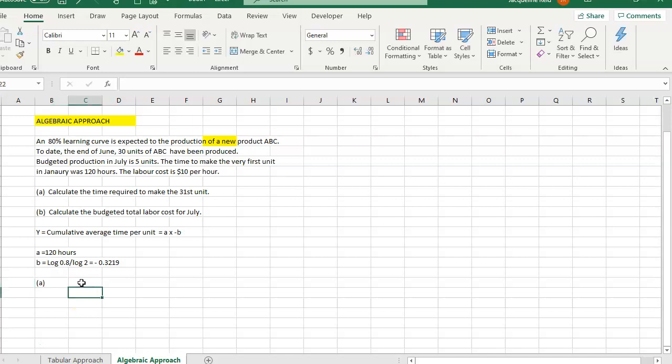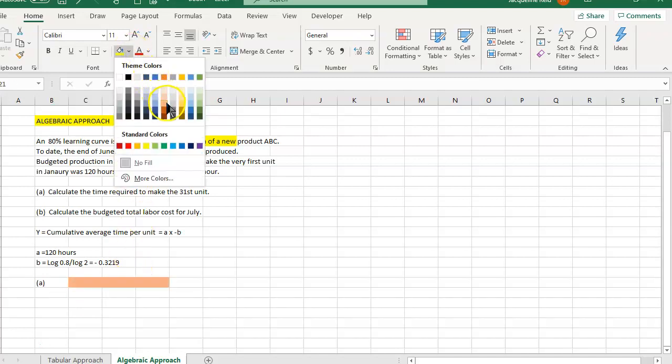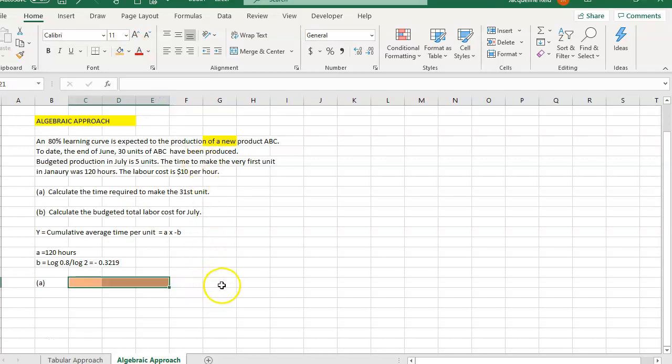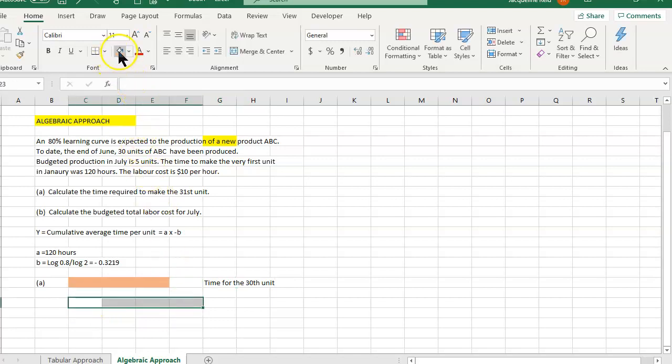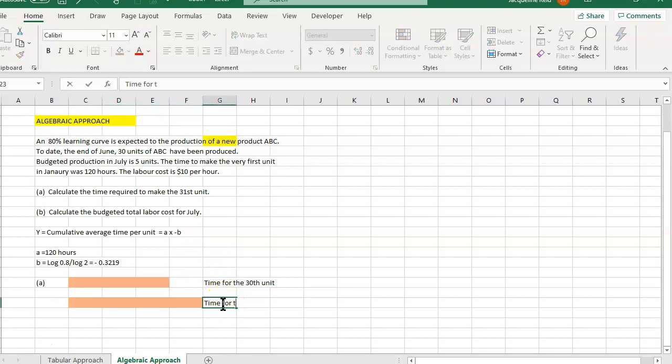Now, if you're going to do that, you have to first calculate the time for the 30th unit. Then you calculate the time for the 31st unit. You'll soon see what I'm doing.